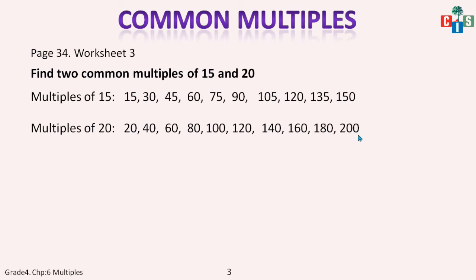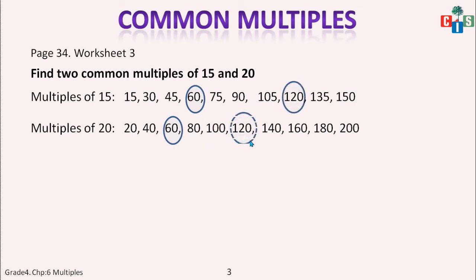Sorry, it's 10s. 20 10s are 200. Now we will find the common multiples. 30 should be there, but it is not. Then 60. Yes, 60 is a common multiple. And then 120 I am seeing as a common multiple.